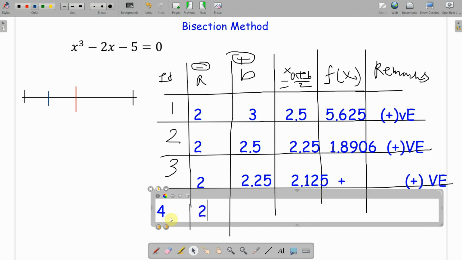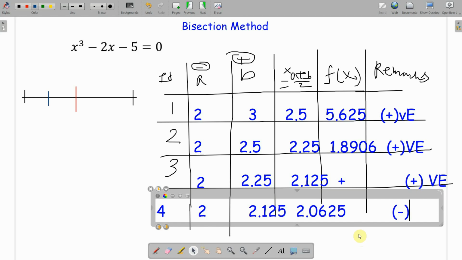So what was the value of A? 2, because it won't be updated. Then what will be the value of B? 2.125. What was the x value? The x value is 2.0625. Okay, and is it coming negative or positive? It's negative, right? It's coming negative. Fourth, so what will you do this time?